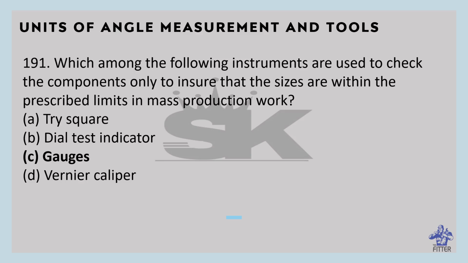Go and no-go gauges are designed to check the minimum and maximum material limit.